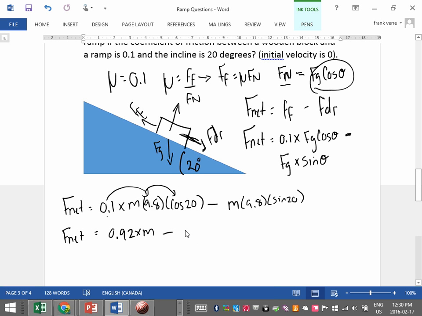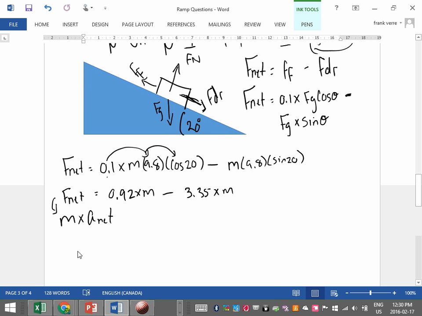Sorry? 3.35 times m. All right. What's the definition of force? M times A. So it would stand to reason the net force is the same as the mass times the net acceleration. And if you look, what do you notice?